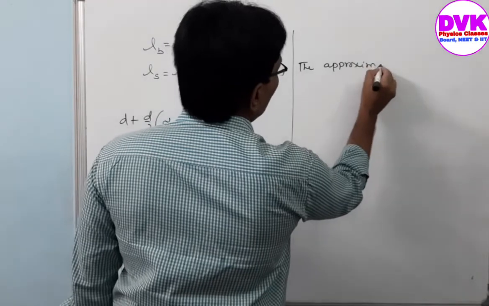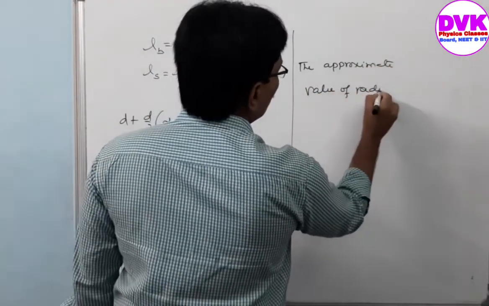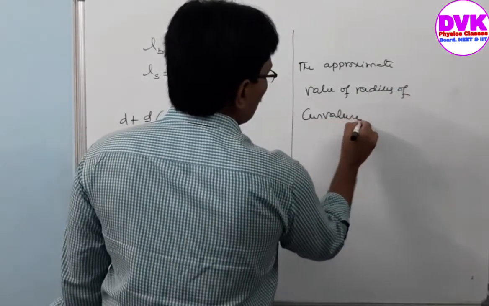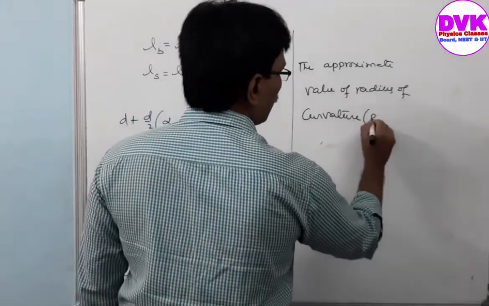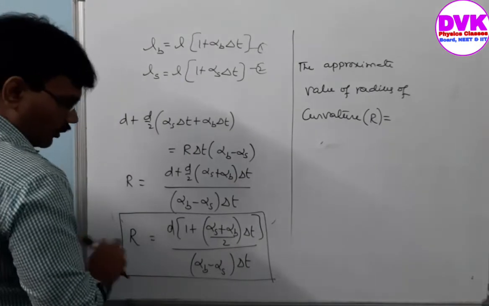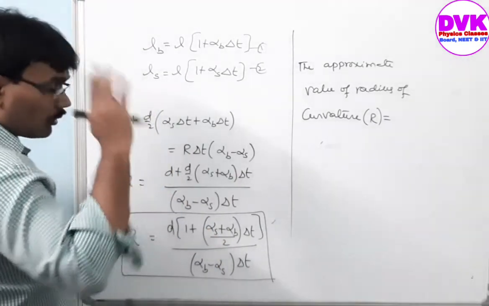So the approximate value of radius of curvature is equal to, and here I am making a small approximation. If you observe, alpha s and alpha b are very small values, of the order of 10 power minus 6.